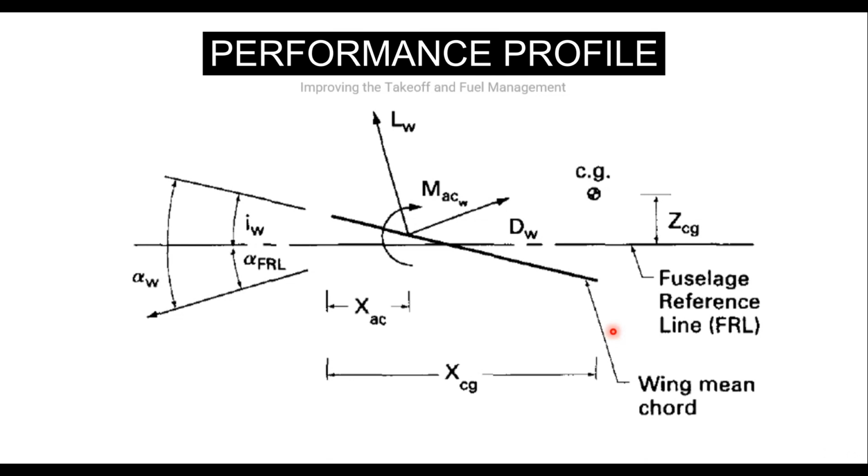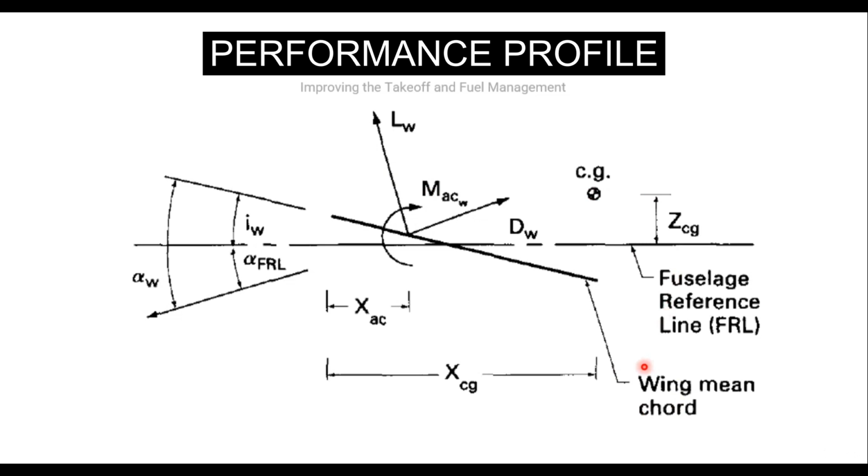So we have certain points on the airfoil. Consider that this is the airfoil, this is the wing, and this is the CG, the aerodynamic center, and we have many other references on the wing. I want to ask you something. If I move the CG forward or aft, is this better for the aircraft or bad for the aircraft?